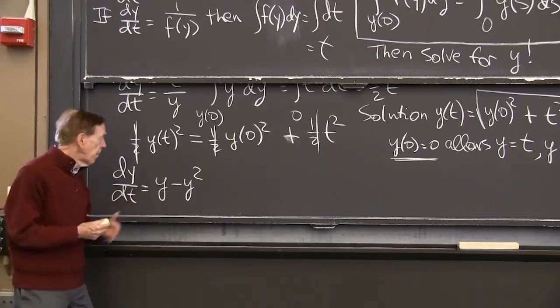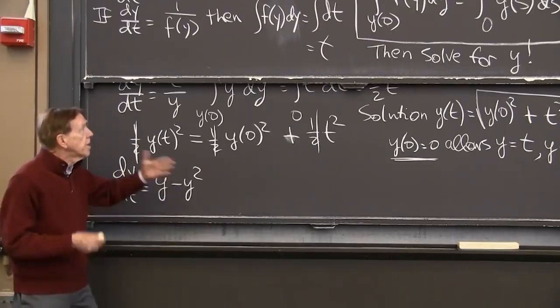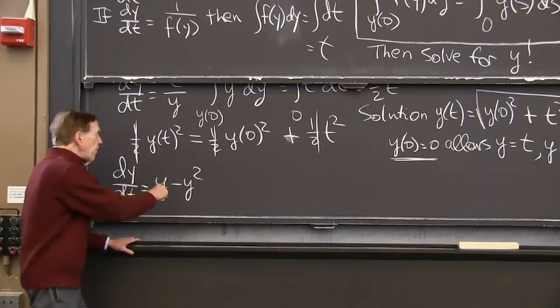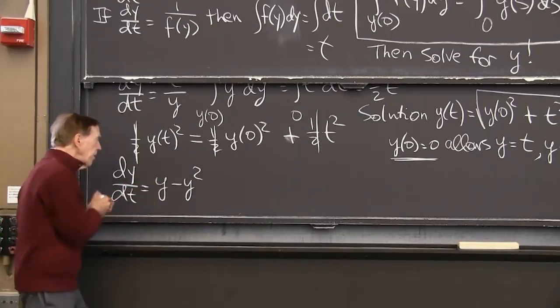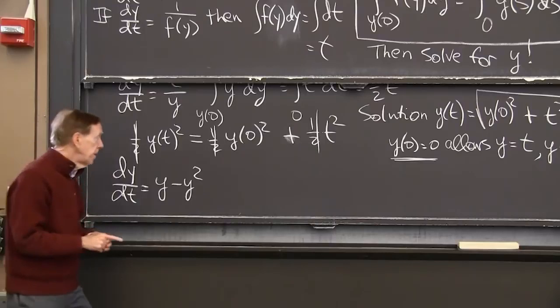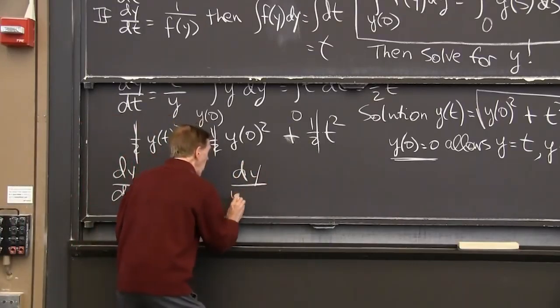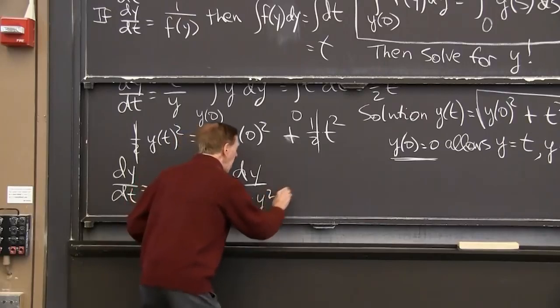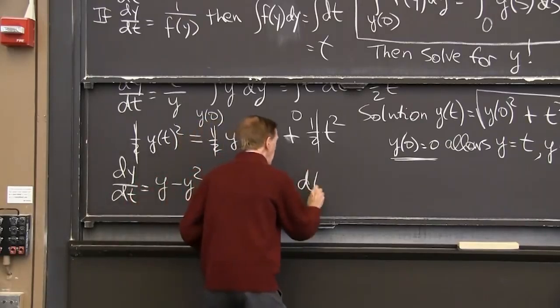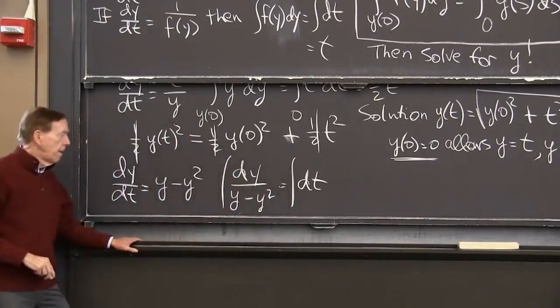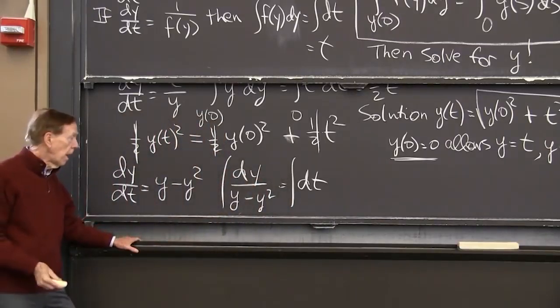Okay, that's separable because the g of t part is 1. And what's the f of y? Remember, f of y, I want to put that on the y side, but it's going to show up in the denominator. So I have dy over y minus y squared equaling dt. And I have to integrate both sides to get the solution, y.